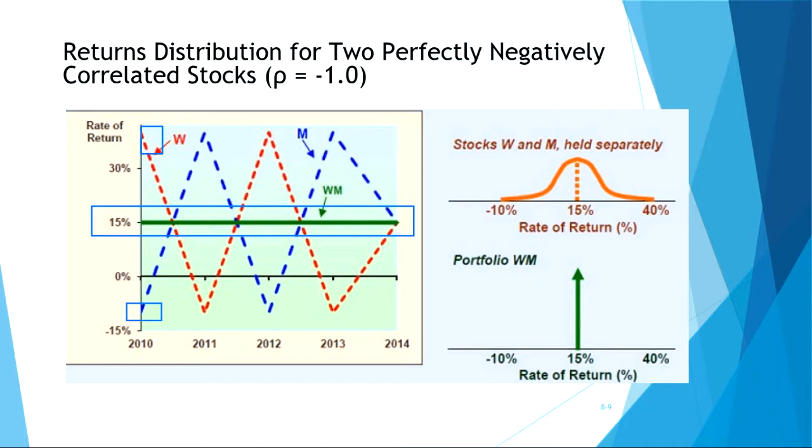One is increasing, the other one decreasing at the same percentage. At the end of the day, if you invest 50% and 50% in these two stocks, your return is, as you have seen here, 15%, like the risk-free rate, right?